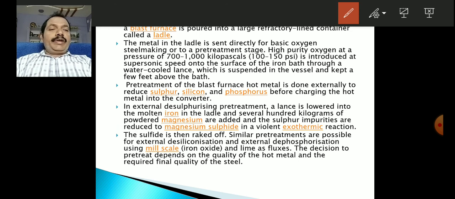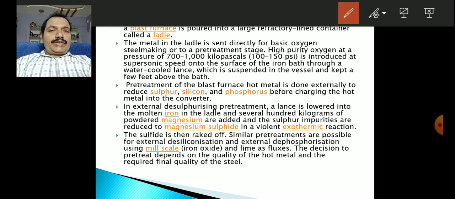Similar pre-treatments are possible for external desiliconization and external dephosphorization using mill scale, iron oxide, and lime as fluxes. The decision to pre-treat depends on the quality of the hot metal and the required final quality of the steel.